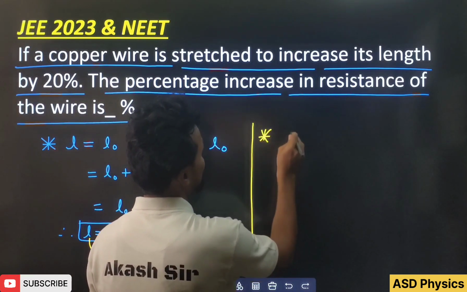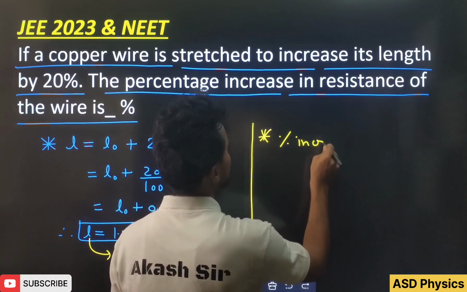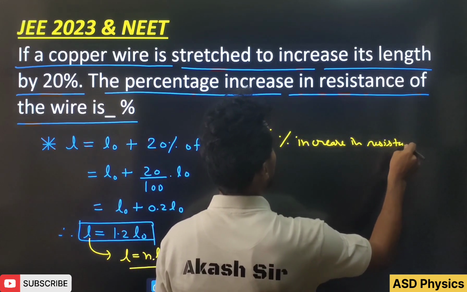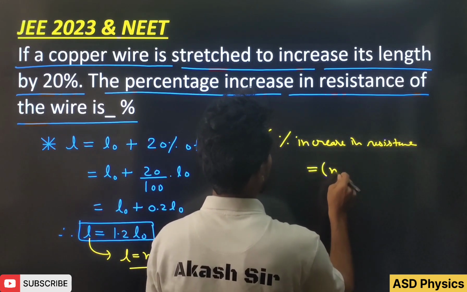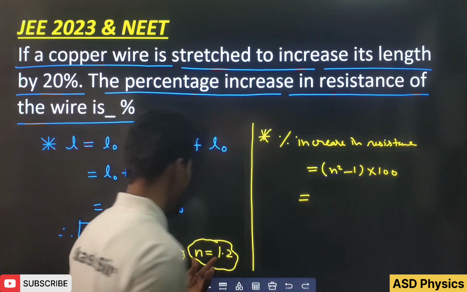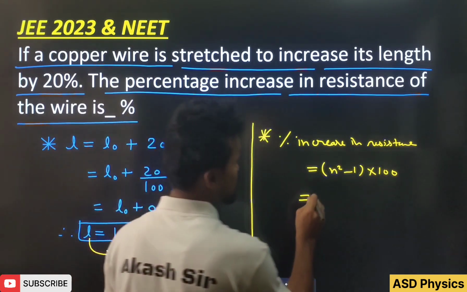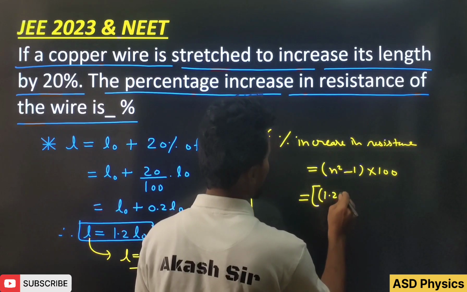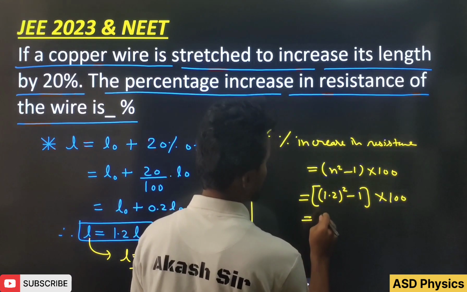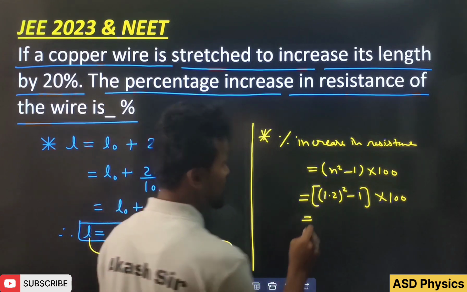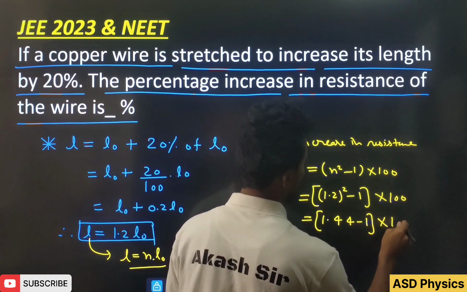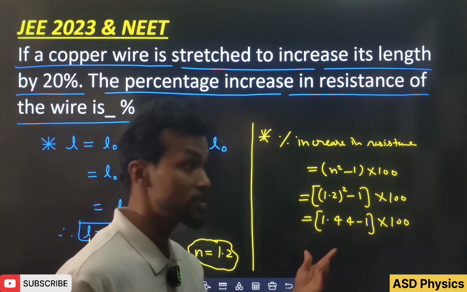I have told you the formula: it was n square minus 1 into 100. So 1.2 square minus 1 into 100, which is 1.44 minus 1 into 100. This basic formula we have to use, that's why we are doing it here.